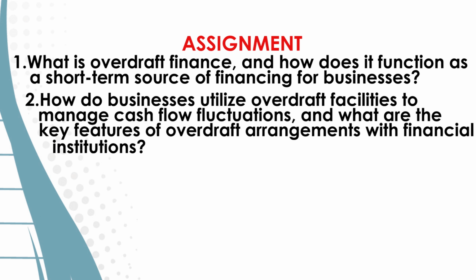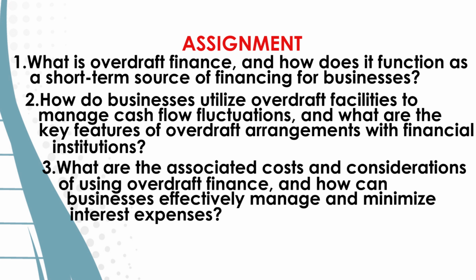Number 2, how do businesses utilize overdraft facilities to manage cash flow fluctuations? And what are the key features of overdraft arrangements with financial institutions? Number 3, what are the associated costs and considerations of using overdraft finance? And how can businesses effectively manage and minimize interest expenses?